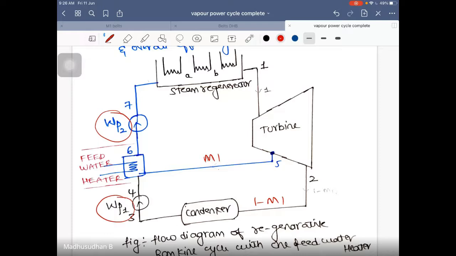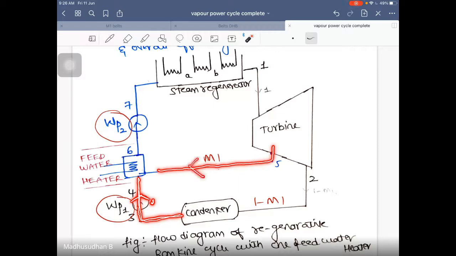What happens in a feed water heater? Just try to understand this. Whatever water comes here after the condenser should be at a lower temperature. Now, one more fluid is coming from here, in between the expansion.